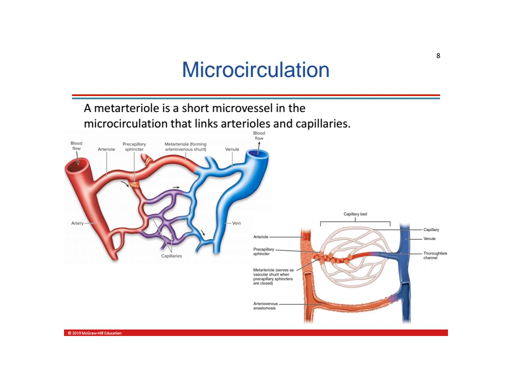So, for example, the intestine would want to have a lot of blood flow after a meal, but in between meals, there's really not as much need for as much blood flow, and so those precapillary sphincters may close when not actively digesting food.